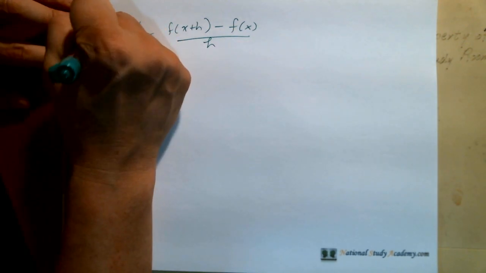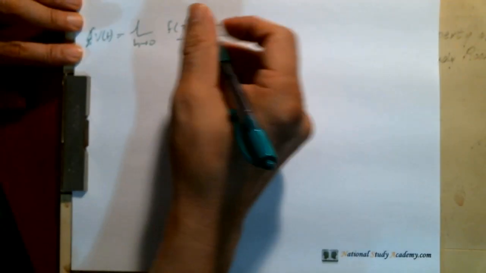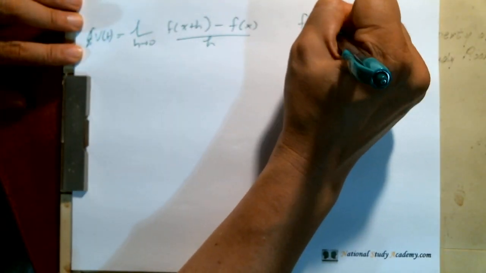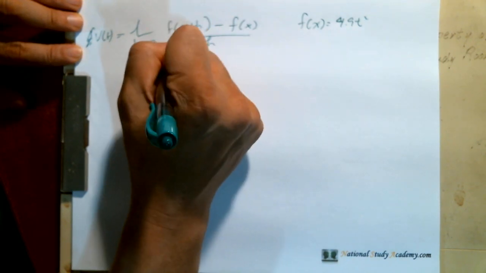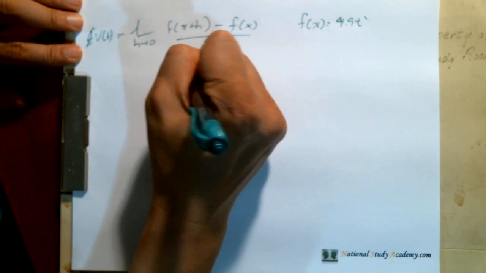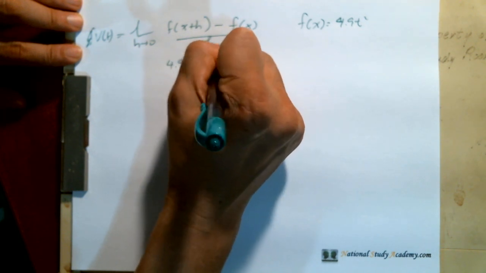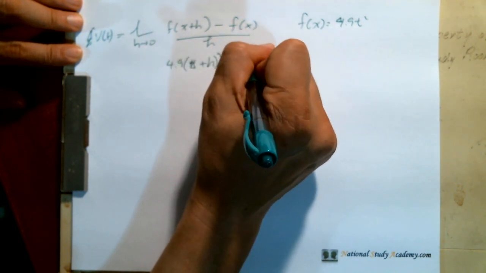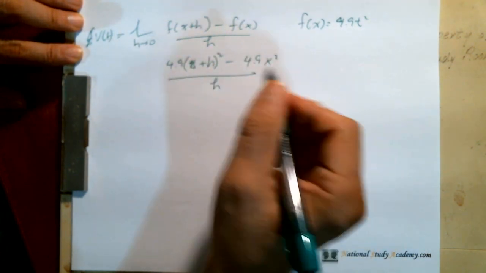That's, excuse me, v of t. And so f of x was equal to 4.9 t squared. So it'll be 4.9 times (x plus h) squared minus 4.9 x squared all over h.